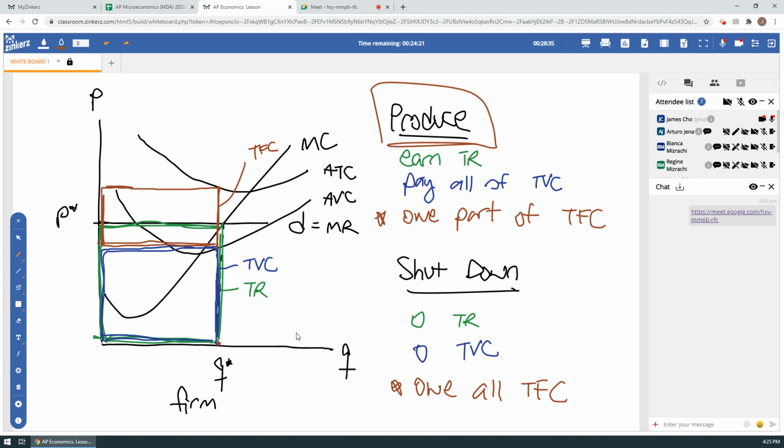Okay. So I know a couple weeks ago when we started looking at, oh, this is total cost, this is variable cost, this is fixed cost, this is average total cost, this is average variable cost, this is average fixed cost. You were thinking to yourself, why the crap do I have to know all this? This is the reason why. Okay, you're able to pick apart and draw in the different areas of revenue and total cost and total fixed cost using all that analysis that we did before.